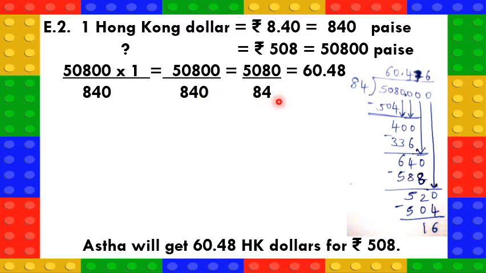Now let us divide and see. 5,080 divided by 84. We get 60.476. Rounding up to 2 digits after decimal, we get 60.48. So Astha will get 60.48 Hong Kong dollars for rupees 508.